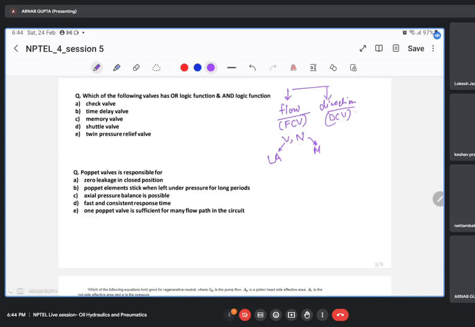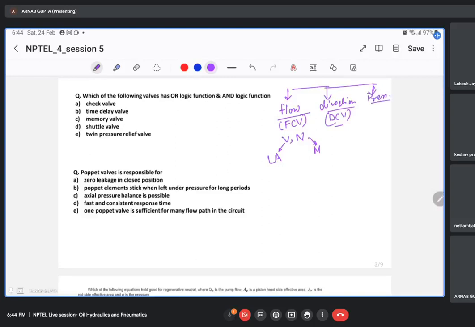That can be attained by changing the direction of flow of the working fluid. So for that, direction control valves are used. They can be used to start or stop a particular operation by modulating the flow of the liquid in the hydraulic or pneumatic circuit, and also change the direction of the flow. So that is DCV.